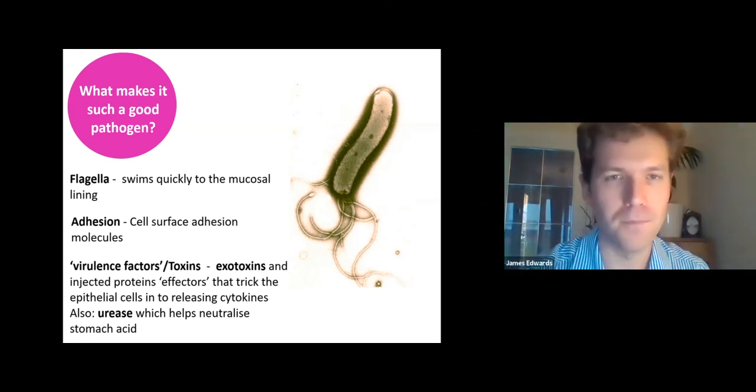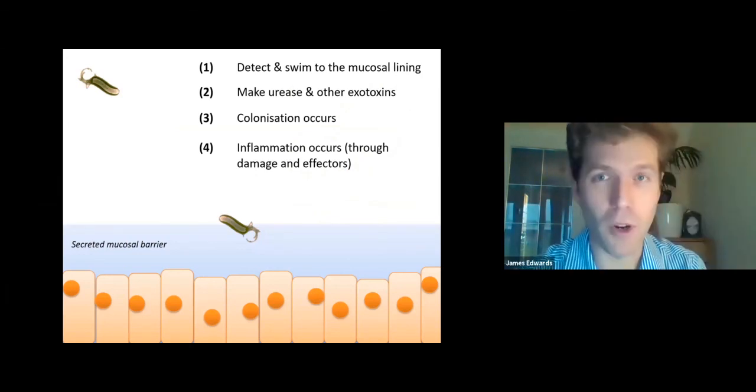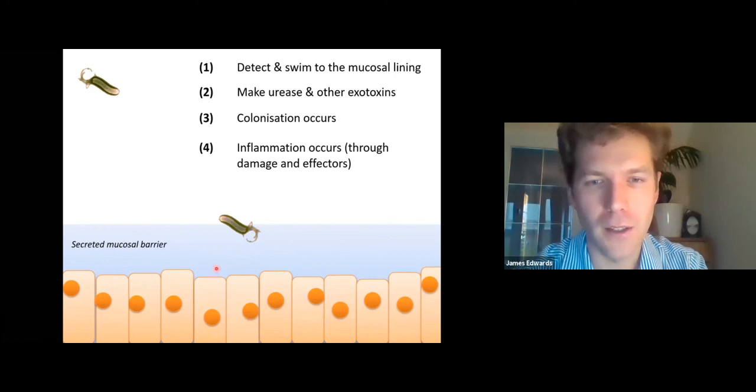Just as a quick summary of what's going on, the bacteria can detect and swim quickly over to the lining of the stomach. Once it's there, and along the way, it can produce the urease and other toxins to help protect itself, injecting nearby cells to induce inflammation.